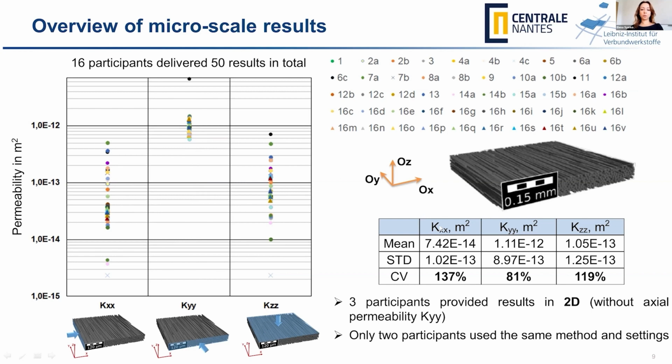If we have a look at the coefficient of variation, actually without the analytical results, which are in crosses here, they are quite big. And we still can see that 81% is the smallest one, for the permeability values in the fiber direction here.